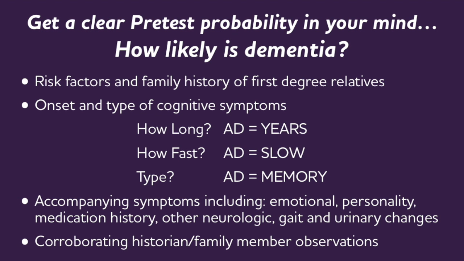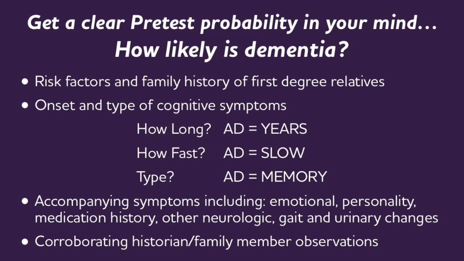As you start to think about what the pretest probability of dementia is for a certain patient, start by thinking about what are the risk factors and whether they have a family history of the illness. Next, think about the onset of the illness. If this change in cognition has happened over years, and if it is slow in progression, chances are higher that it is Alzheimer's disease.